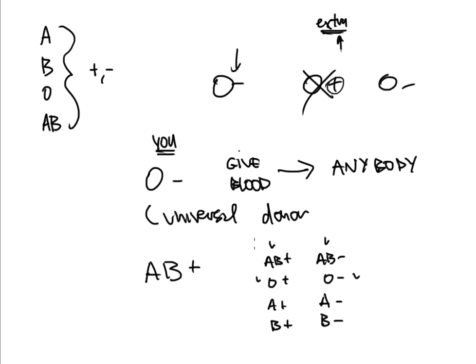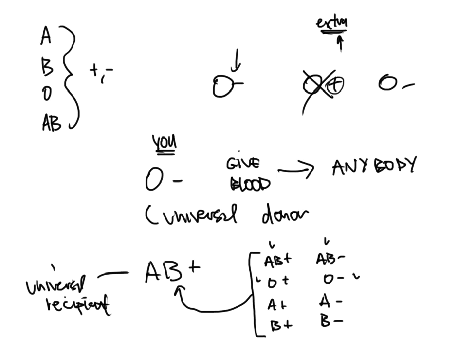For that reason, all of these bloodlines can be given to AB positive people. And if you are AB positive, we call you a universal recipient. It does not matter what blood bag we pull out of our cabinet, we can hook it up to you, and your body will accept any blood from the 8 versions or possibilities that are out there.